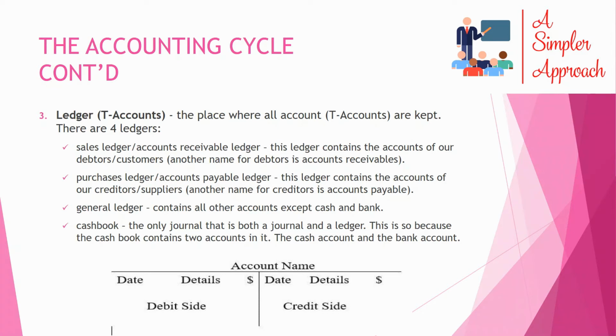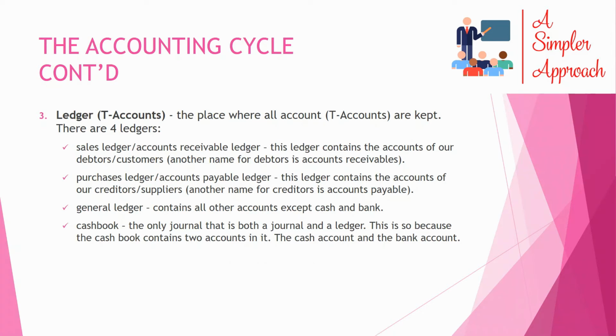Now, for classification purposes and to avoid chaos and confusion, there are 4 ledgers that dictate how these T accounts are classified. The sales ledger has the accounts of all the persons that we sell goods on credit to, otherwise called our debtors or our customers.